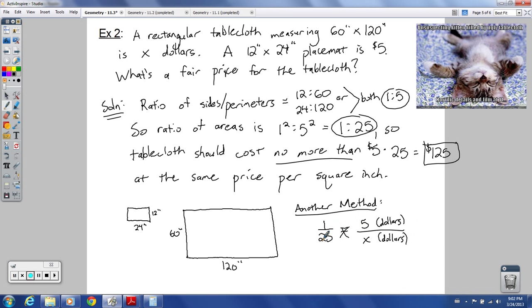And if we cross multiplied that, let's show that in a different color so you don't think I'm crossing out the equal sign. So cross multiplying that, 5 times 25 would equal X, $125 in that case right there. So either way you think of it, it's going to work out like that.